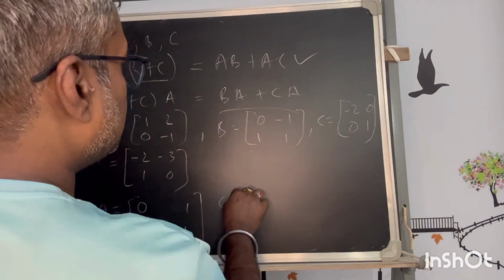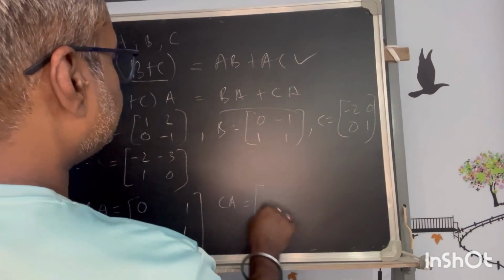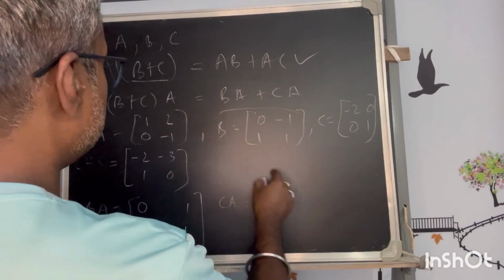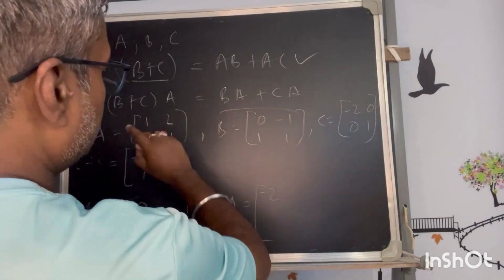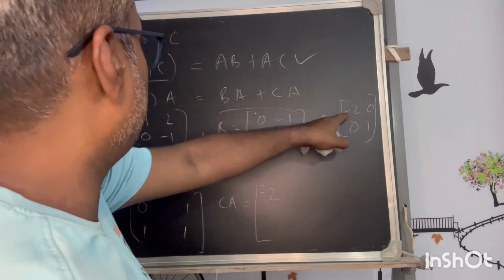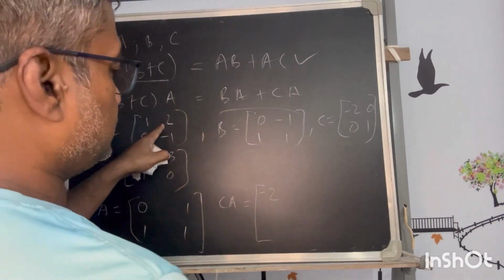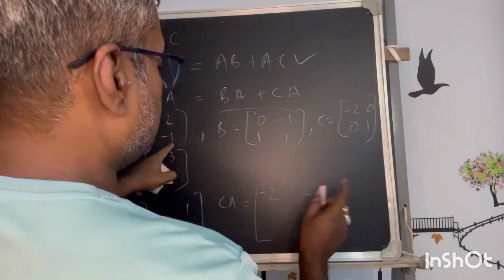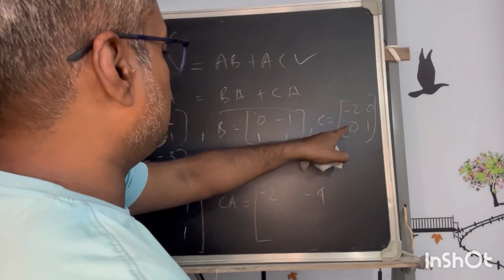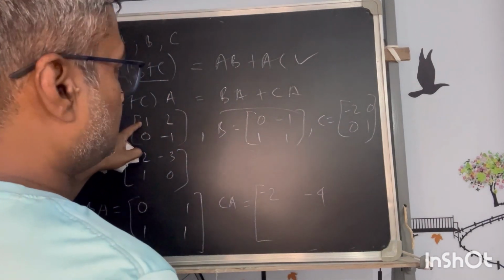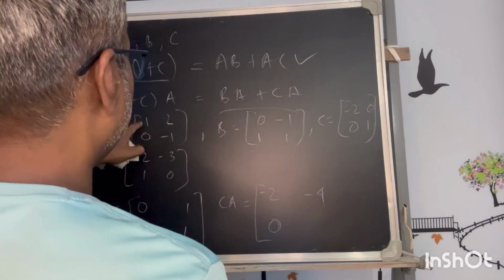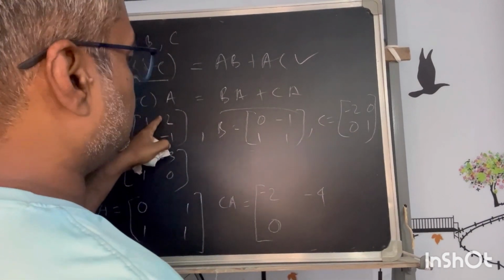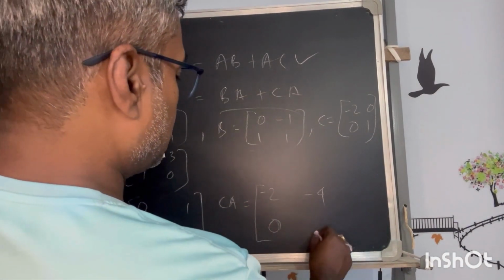And CA will be how much? This into this, -2 into 1 is -2, and then the second part is 0, 0, -2 into 2 is equal to -4, then 0 is equal to 0, and then the second row 0 into 0, 1 into 0, so total is 0, then 0 into 2 is 0, 1 into -1 is -1.